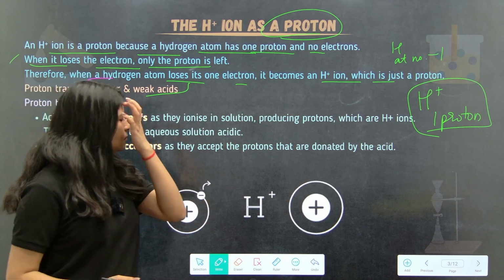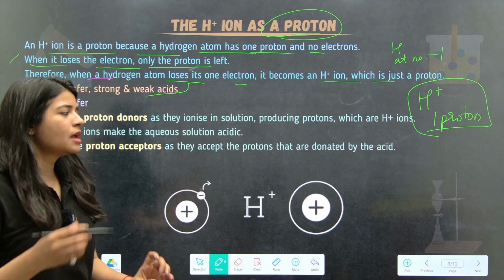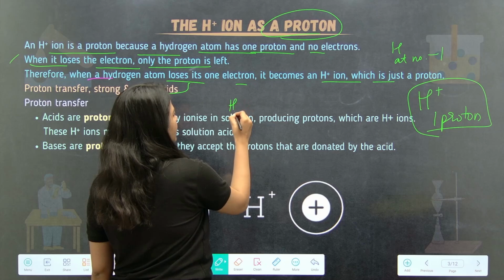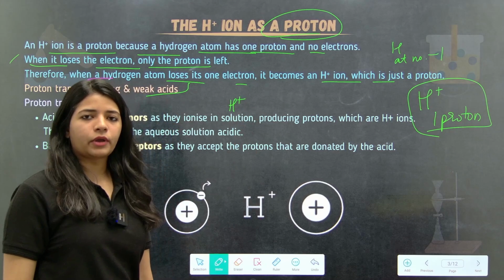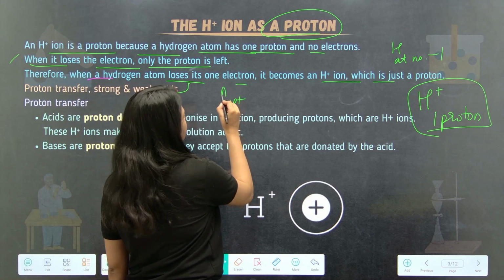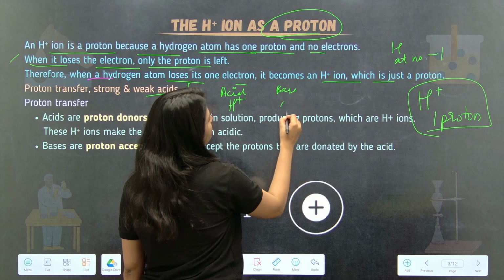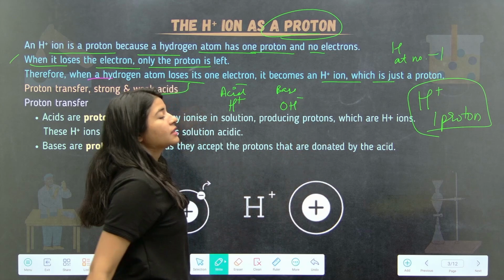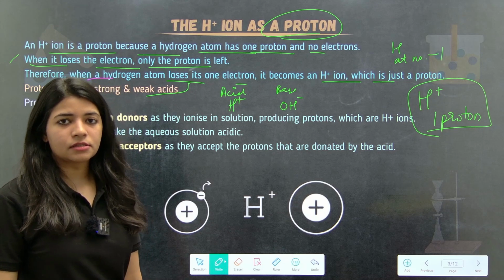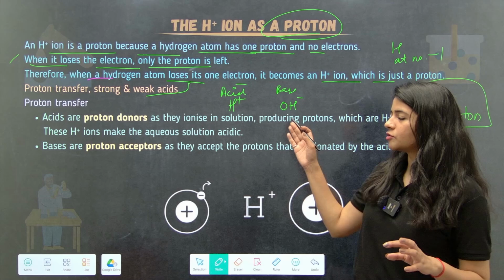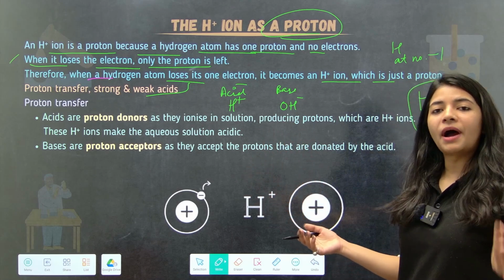We know what acids are: acids are those substances which release H plus when dissolved in water, and bases are those substances which release OH minus, or hydroxide ions. This was the difference between acid and base which we already studied in part 1.